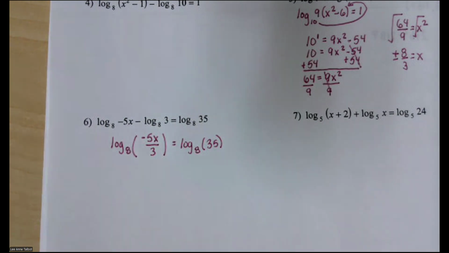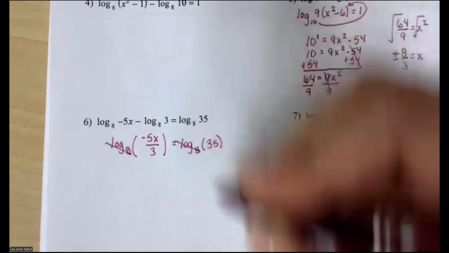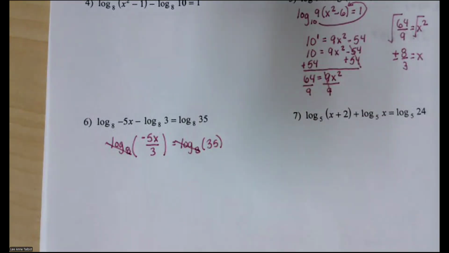I think you were overthinking it. Okay, guidance circle or cross out. Yeah, because there's logs on both sides. And then just multiply both sides by 3 and then divide by 5. You're making it harder.